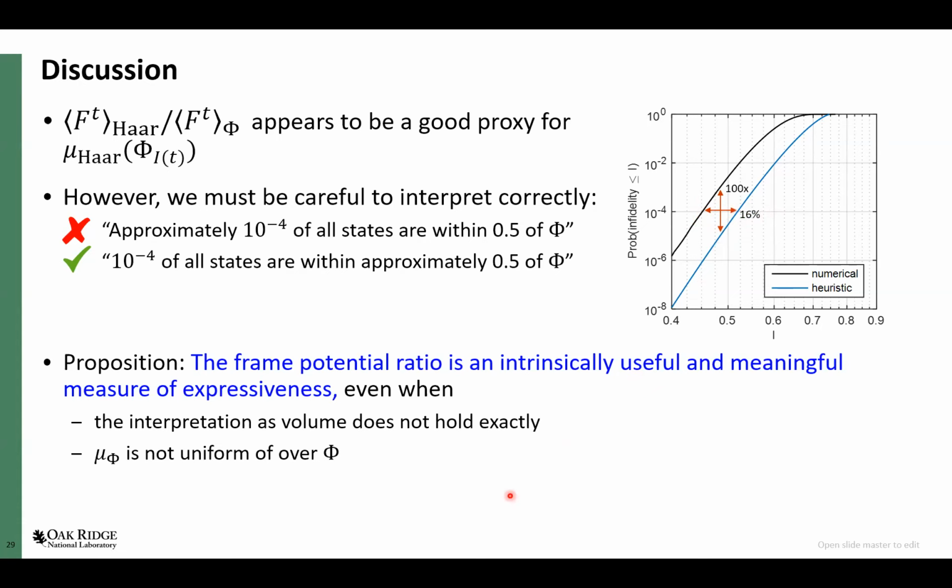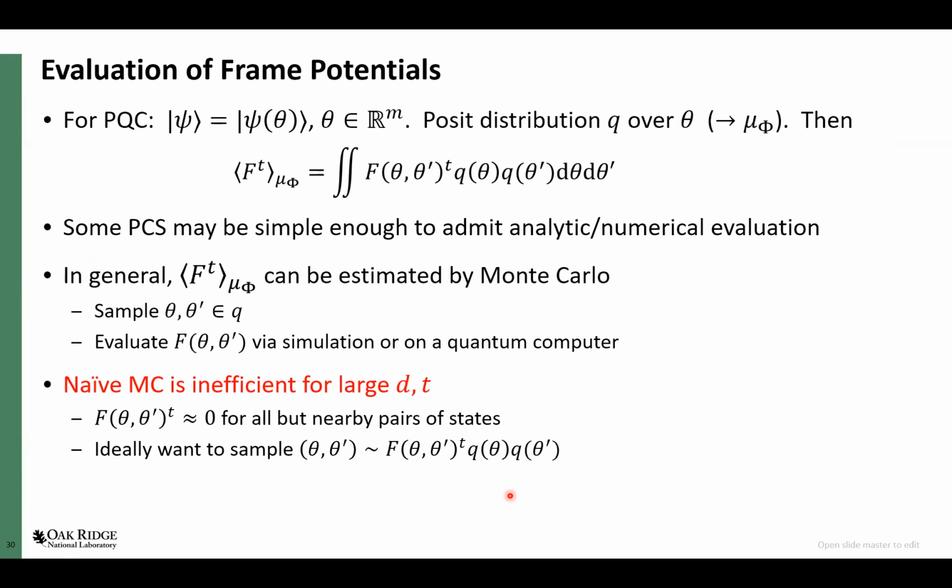Okay, so that's my proposition: using this frame potential ratio is a very useful and meaningful way to measure expressiveness of quantum circuits. Now, one thing you might wonder is, how would I actually compute these frame potentials? In practice, you can posit a distribution over your circuit parameters that will induce a distribution on your quantum states.